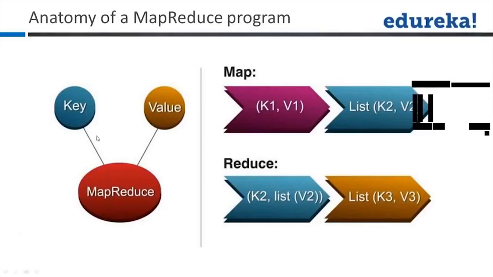Which is a key and a value pair, right here, K1, V1, right? Do not worry if these equations are not making things very clear to you. I'll just show you an example as well. Let's try to understand with the equation and then we'll go to the example, right? Now, next thing which we need to do is actually do a sort.